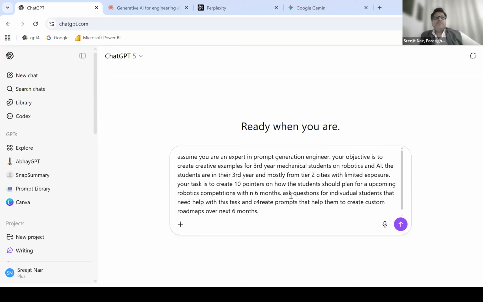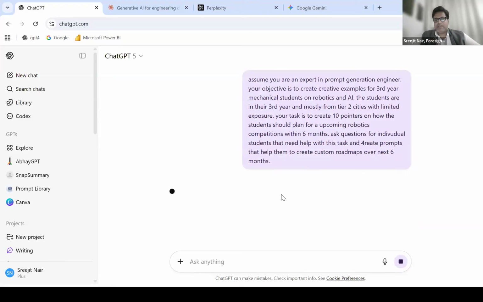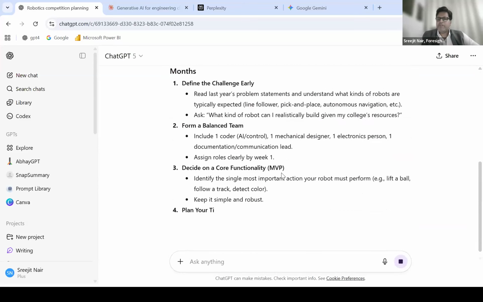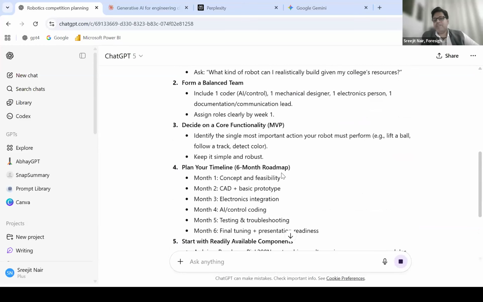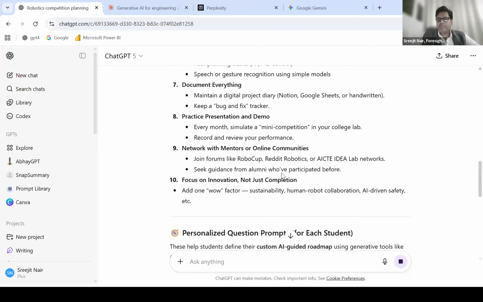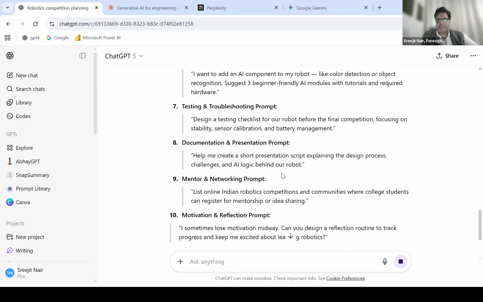And now each of the students might be looking at what kind of things to do. So it can just ask questions, the student can answer, then it will create a custom prompt for a particular student. Using that prompt, it can just apply the learnings, apply the prompt and get personalized answers.